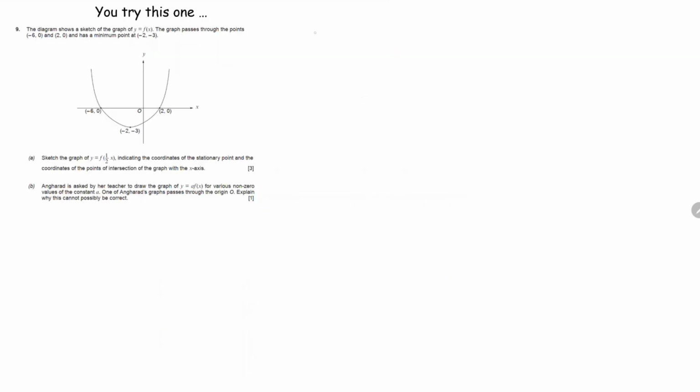So in the first instance, this first question is very similar to the second part of the previous one. We have the transformation y equals f of half x, which can also be written as x over 2.